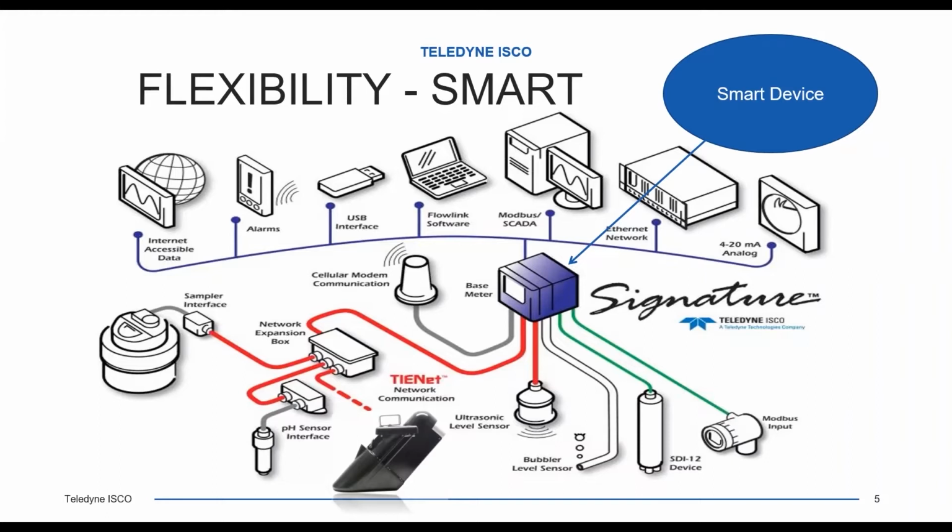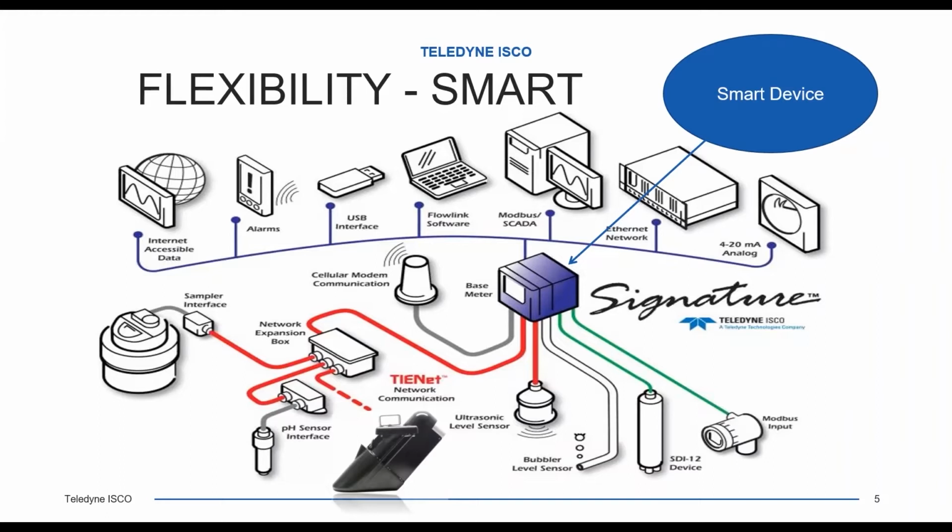You'll notice below the signature in this picture are a lot of different meters and sensors. So we can do ultrasonic, bubblers, lasers, SDI-12, Modbus input if you had a mag flow meter, for example. So we can take a lot of different technologies and bring them in.